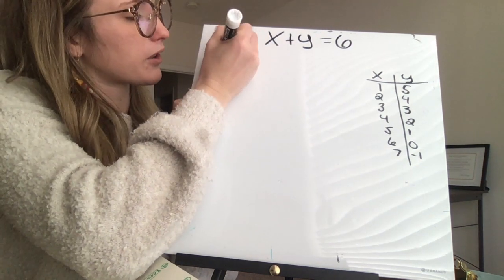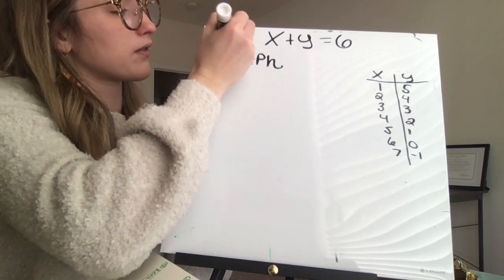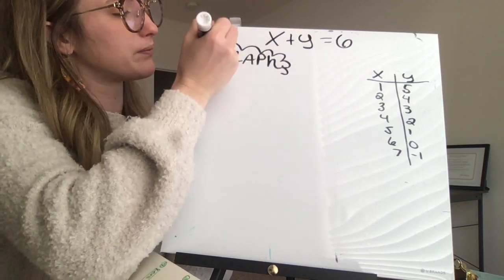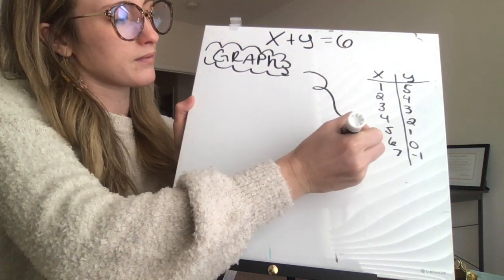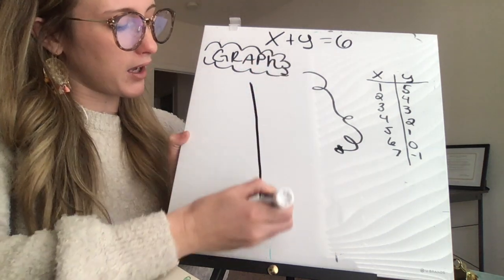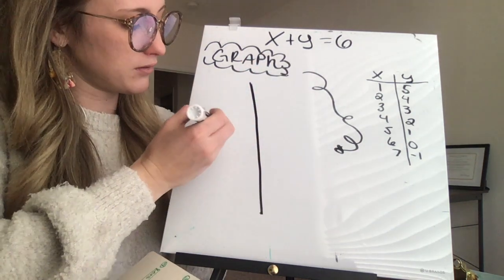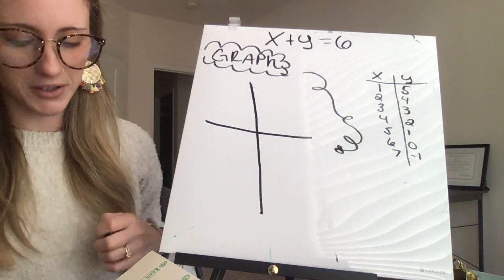So let's put a graph over here. I'm going to put y up and down, and x side to side. I'm just roughly drawing a graph.